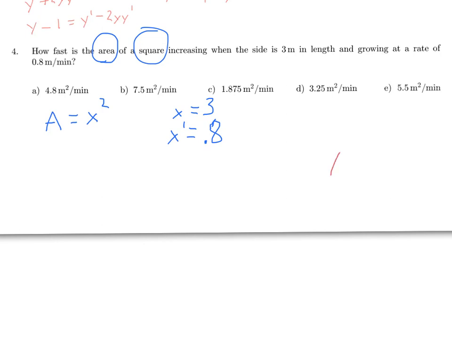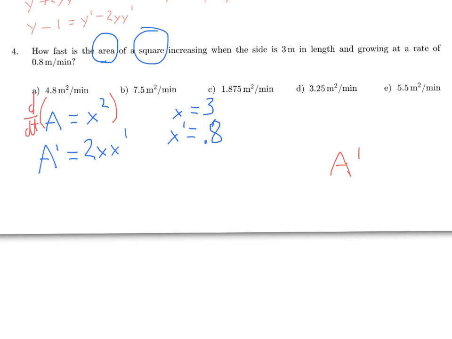That means we're looking for a prime. Our equation here does not have a prime in it, but if I take the derivative with respect to time, because everything's changing over time, we get the derivative of a with respect to t is a prime. The derivative of x squared with respect to t is 2x times x prime.